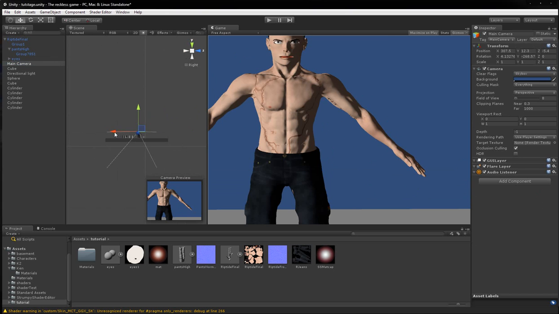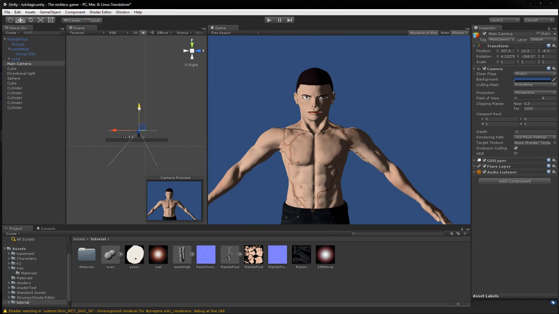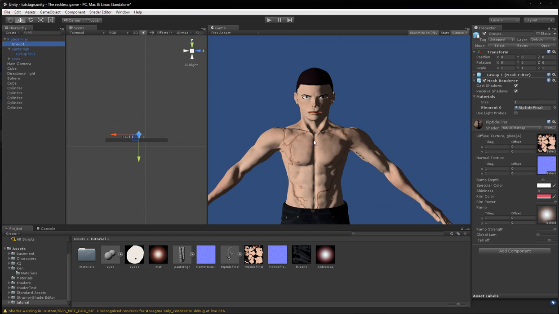And so we don't get any shininess at all. So all we're looking at right now is the wrapped diffuse that we set up earlier.